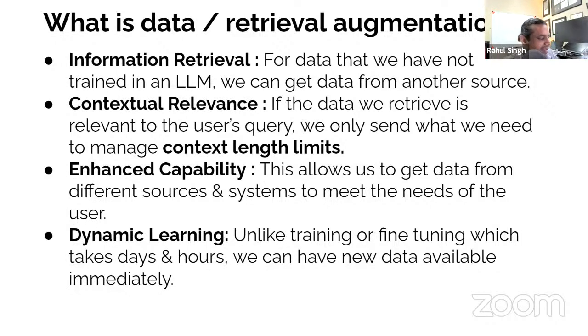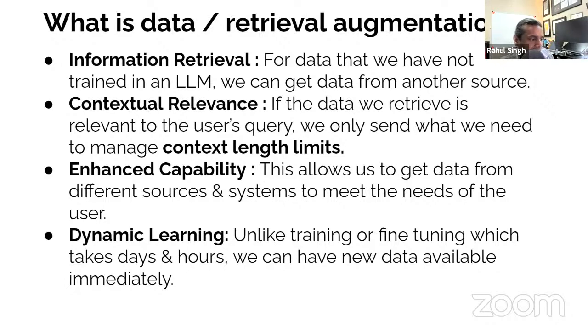For example, if you wanted to get a summary of certain customer reviews for a restaurant from Yelp, what use is it to send every single customer review on Yelp if you really care about just that one restaurant, right? And information retrieval can be done in many different ways. So as long as we're giving contextual relevant data, whatever method you use is good enough.